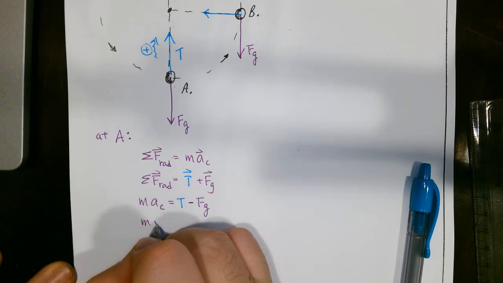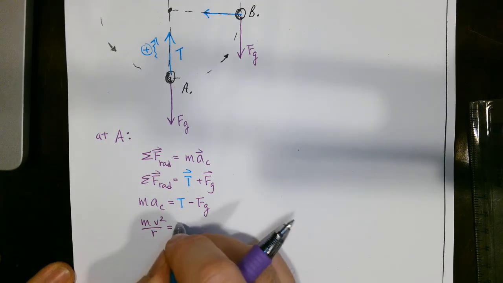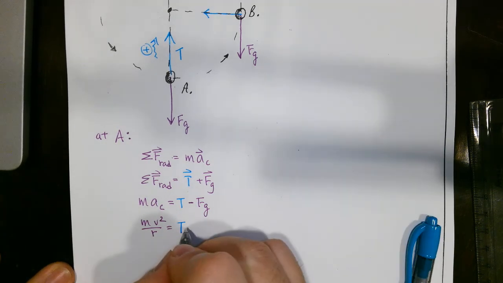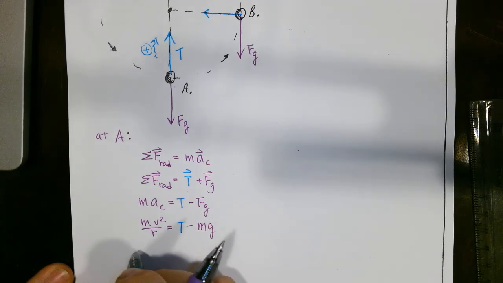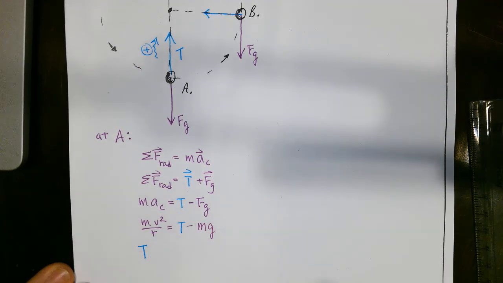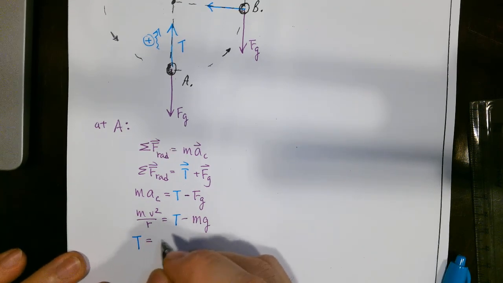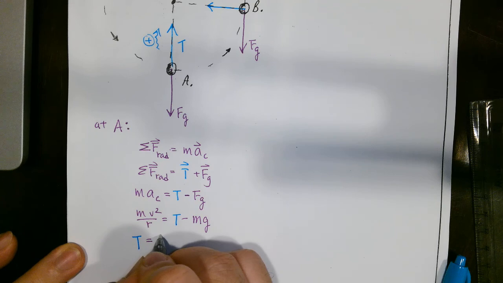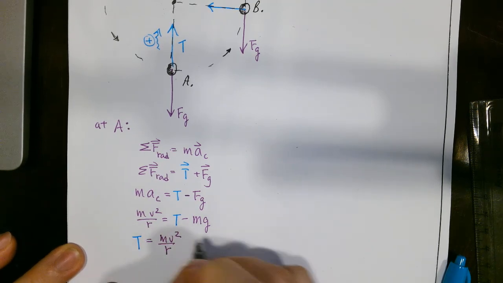So mv squared over r is equal to tension minus mg. So tension, in this case, is equal to mv squared over r plus mg.